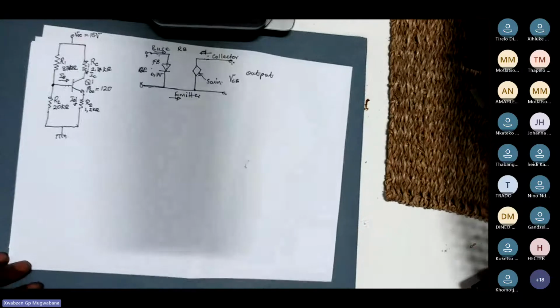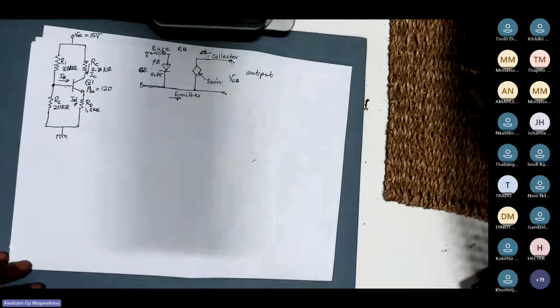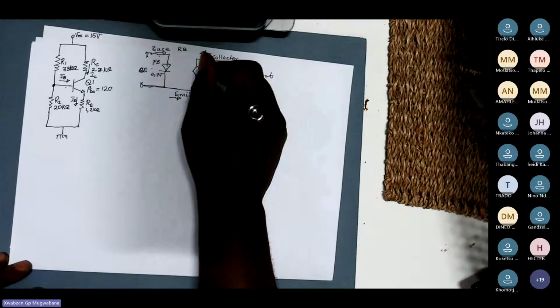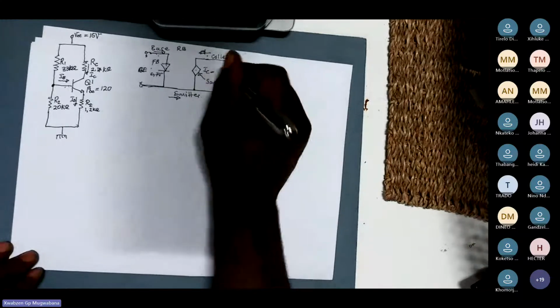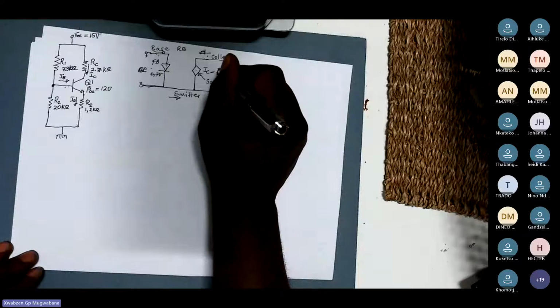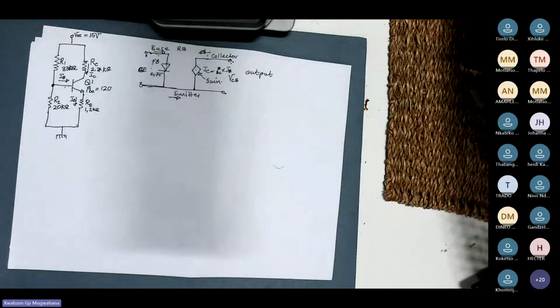When your IC starts to flow, your IC will be your beta DC multiplied by your IB. Remember, your collector current is base current dependent.